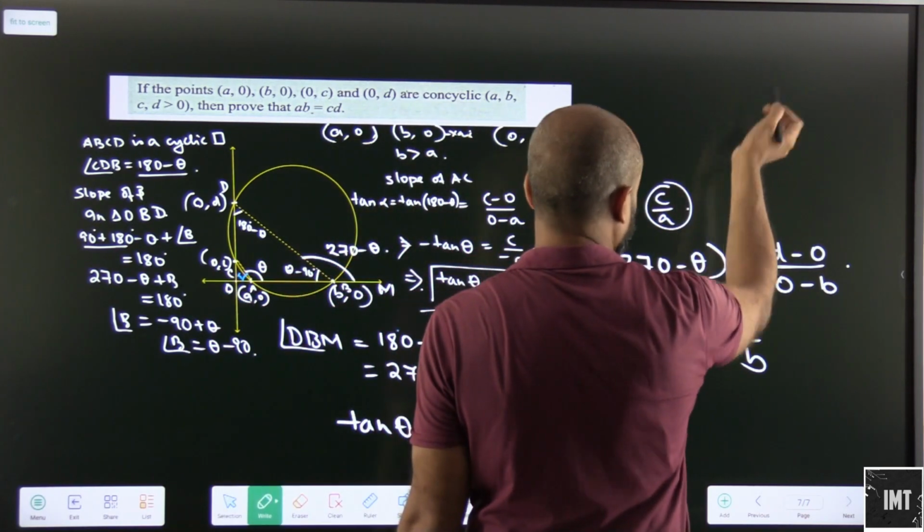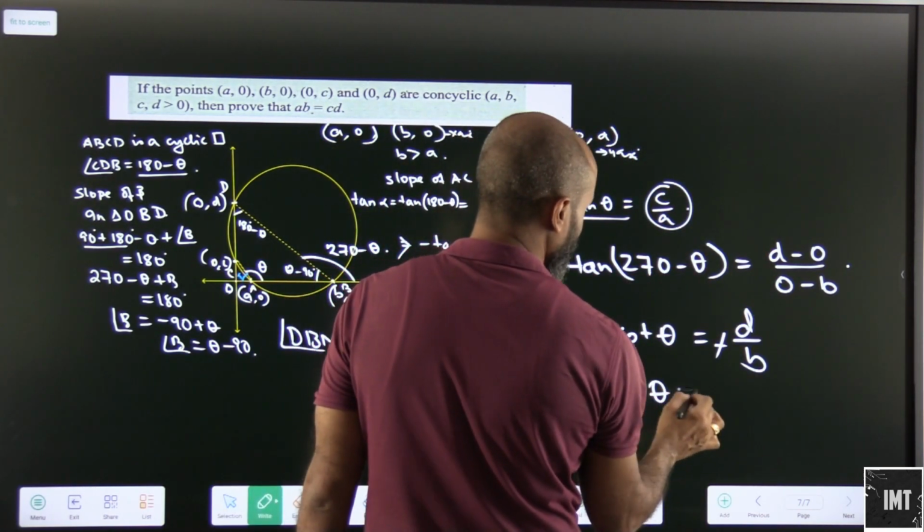We have just seen if it is obtuse, it's negative. So cot theta will be D by B.